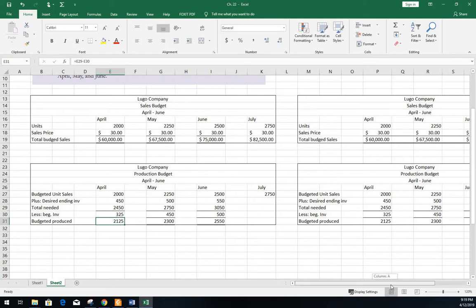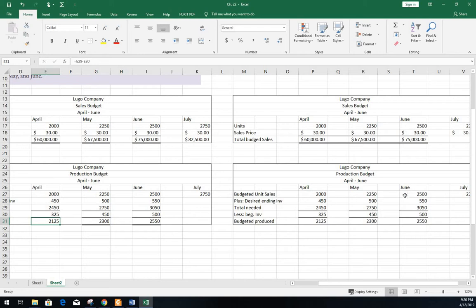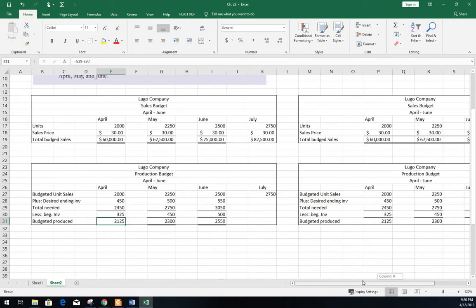2125 here, 2125. This is 2300, 2300, and this is 2500 and 2500. Now, we have that little discrepancy here, but don't worry too much because the book demonstrates the correct answer. It doesn't tell us the entire answer. It only tells us that this 2300 is correct for May.